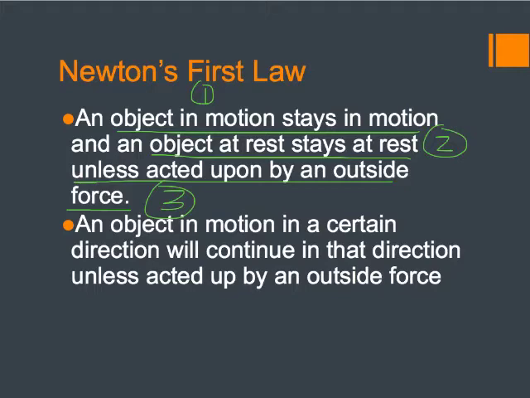Another thing to note about this is a change in direction indicates a change in motion. Objects that are in motion in a certain direction have to stay in that direction unless they are acted upon by an outside force.